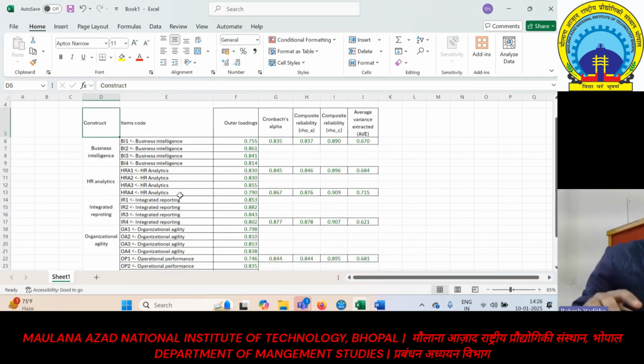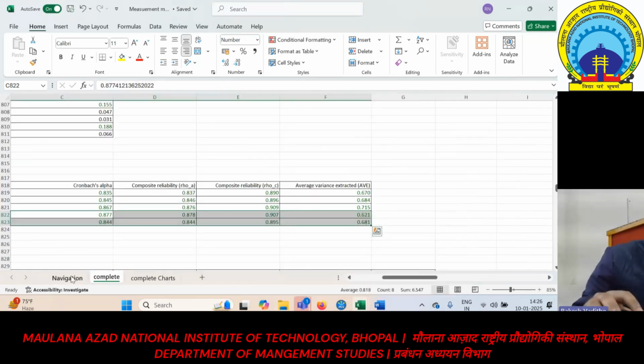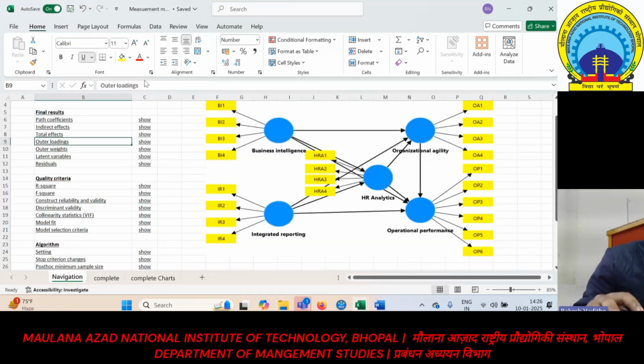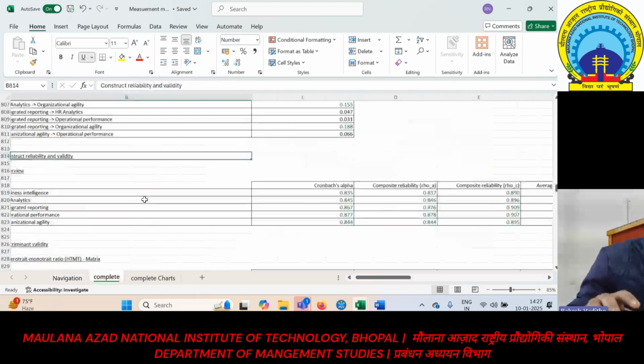Have you taken outer loadings? What have you taken? Outer loadings. These four are the construct validity and reliability. Here in navigation, highlight these outer loadings. In case anyone wants to find these outer loadings, you will get them from here. Then next, these construct reliability and validity from here by clicking on show.